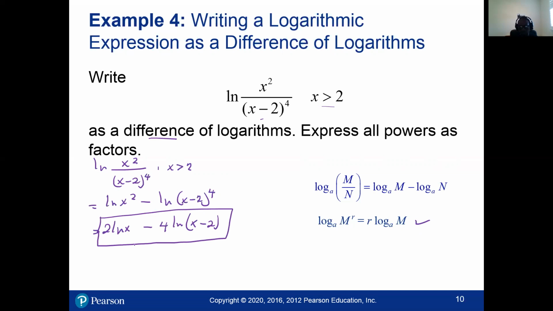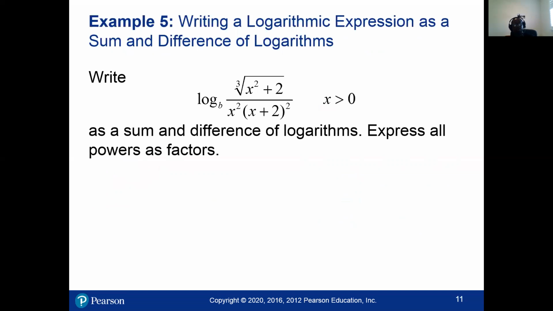All right. Now let's go to the next example. Here is a combination of the sum and then the difference. So we are given the log of the cube root of x squared plus 2 divided by x squared times x plus 2 all squared, to the base b.